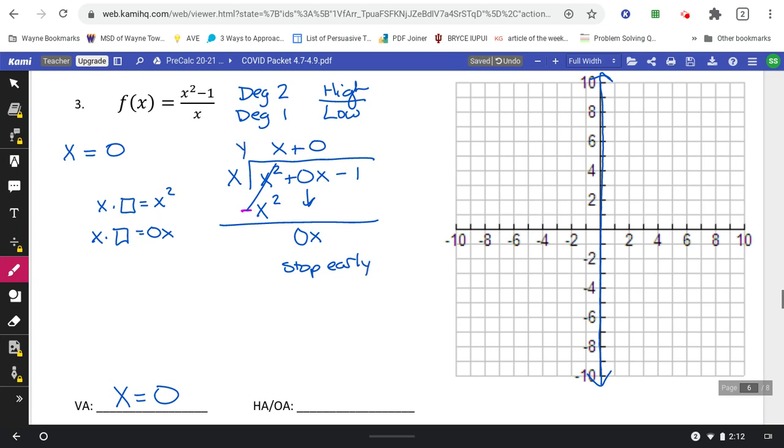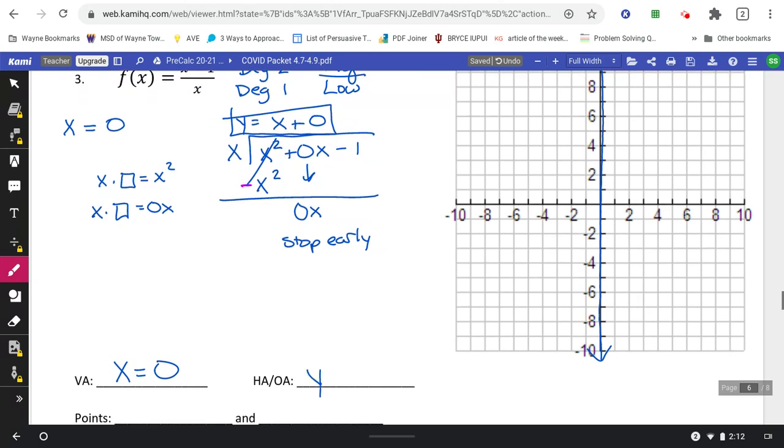So we're going to get an answer of y equals x plus 0, which you could also just write as y equals x. I'm actually going to write this as y equals 1 over 1x, my slope, plus 0, which is representing my y-intercept.